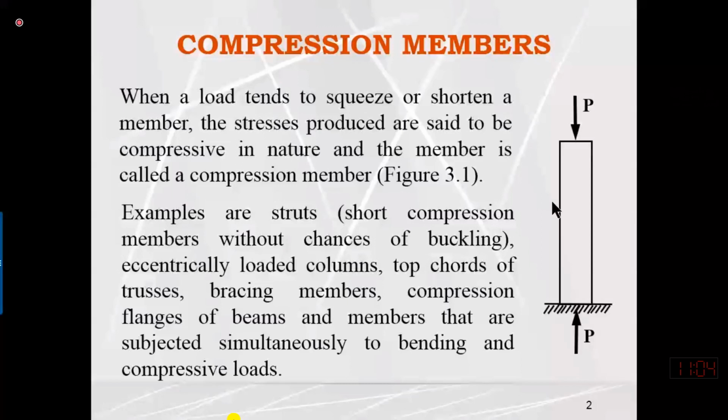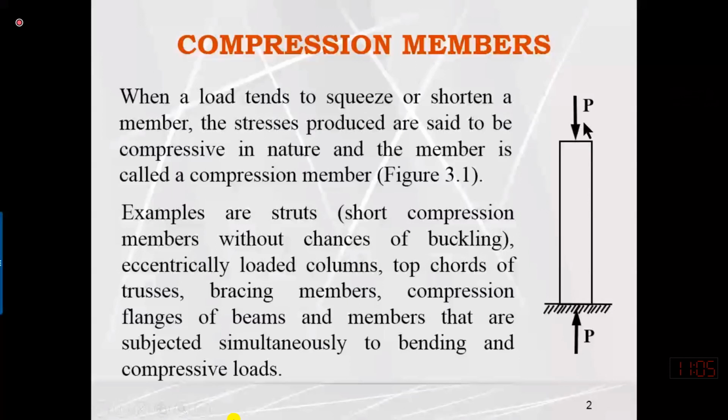But on the other hand, the same member, which failed in tension at a load of maybe 100 kilonewton, if subjected to compressive force, with identical length, cross section and material, may fail at a load of less than 50% of what it takes in tension.